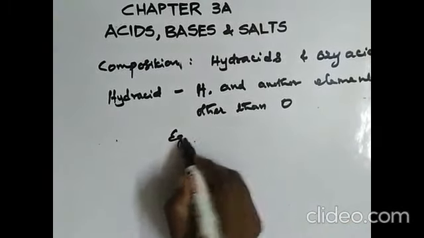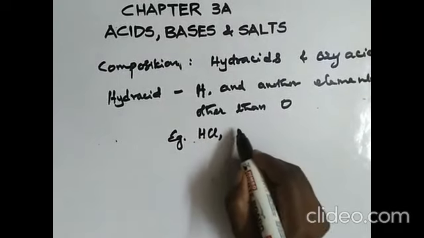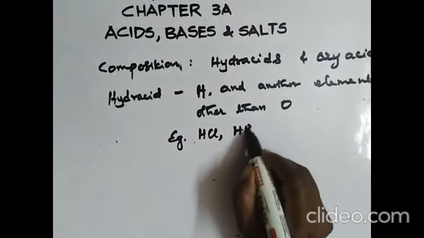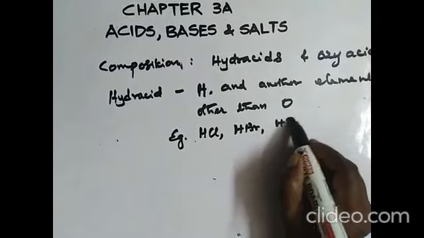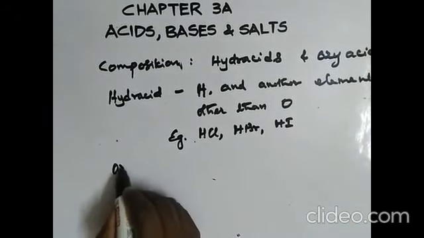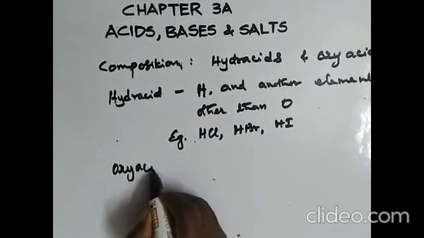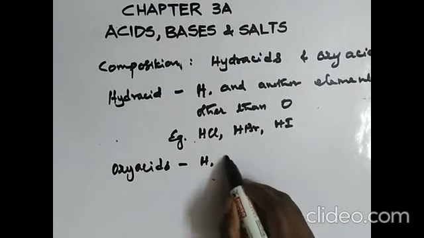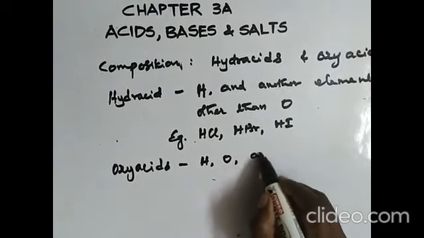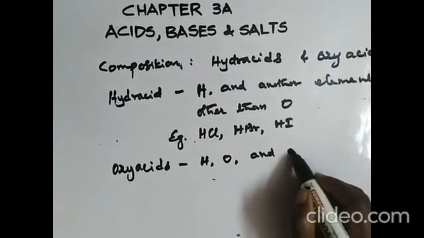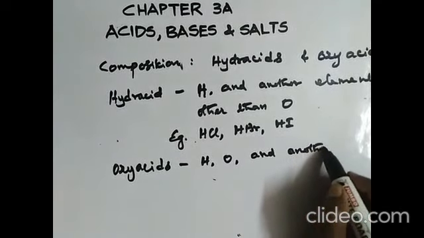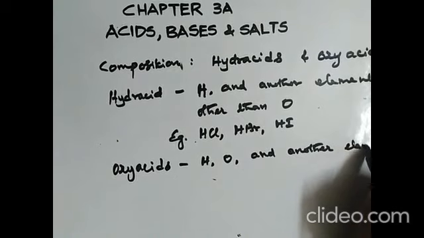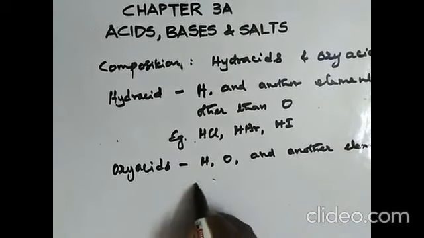Example, hydrochloric acid, hydrogen bromide, hydrogen iodide. Oxyacids contain hydrogen, oxygen and another element which is a non-metal.